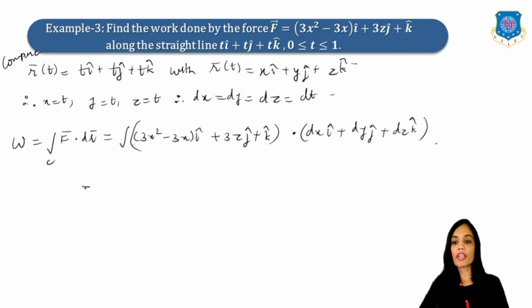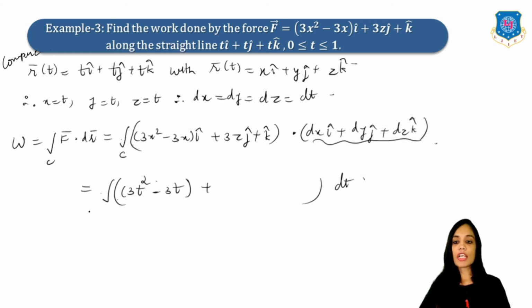Let us put all the values. So if I put the values, x is t, y is t, z is t. So it will be 3t square minus 3t. Right? Now plus, here if I put everything over here is dt, right? So I will put whole dt.